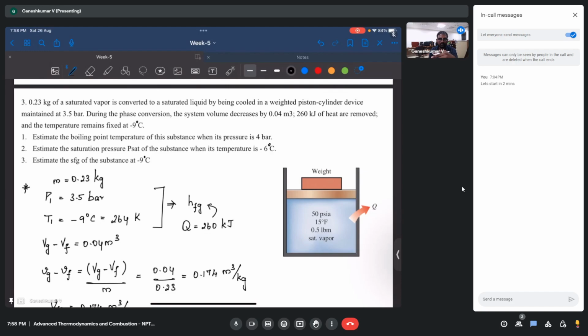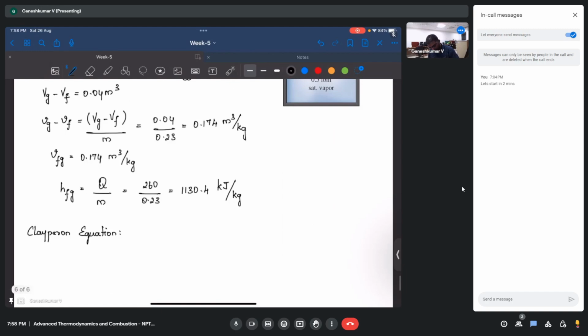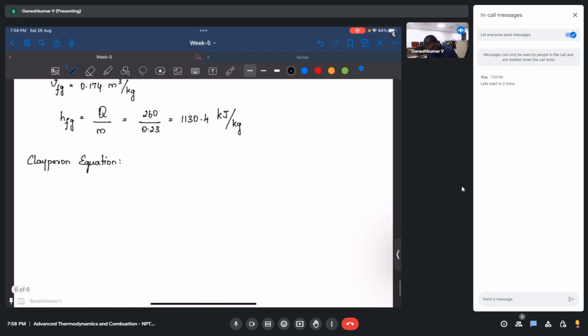If we know the slope, we can use that slope to find the saturation pressure and temperature for different pressures. The Clapeyron equation says dp by dt at saturation is HFG divided by T times VFG.